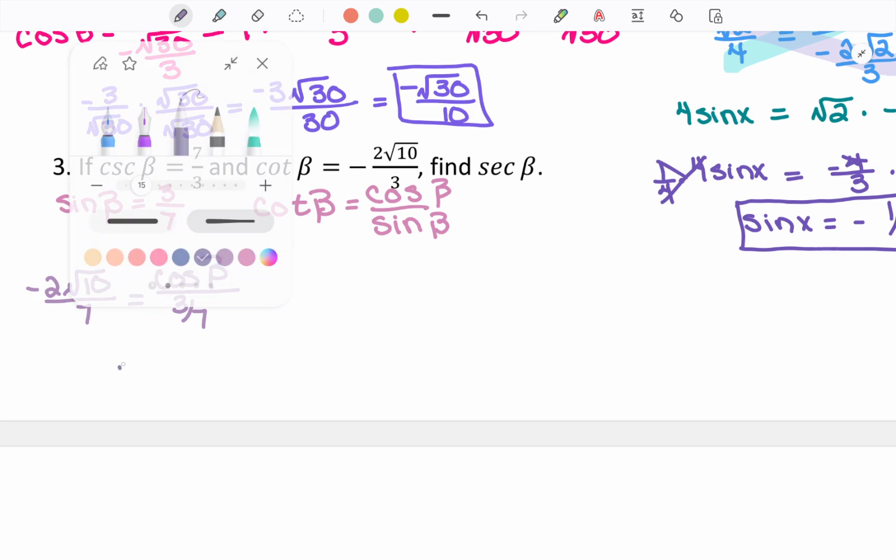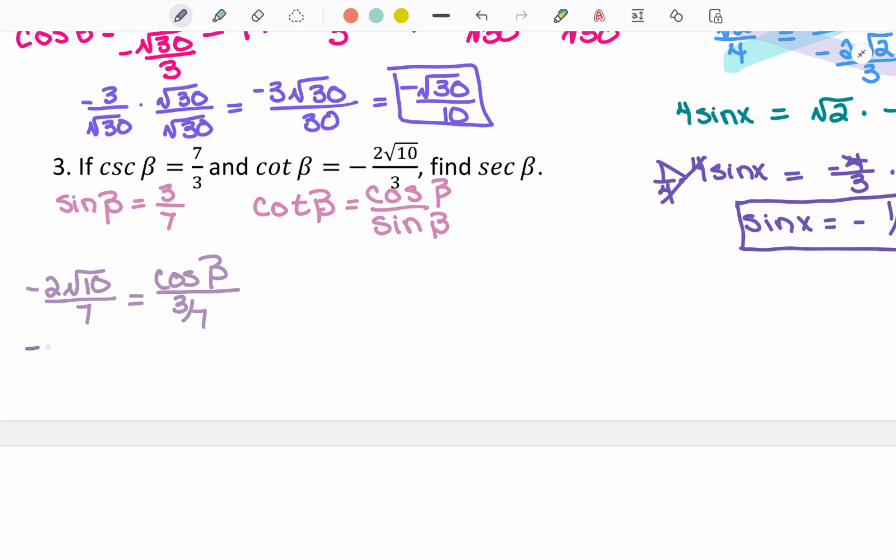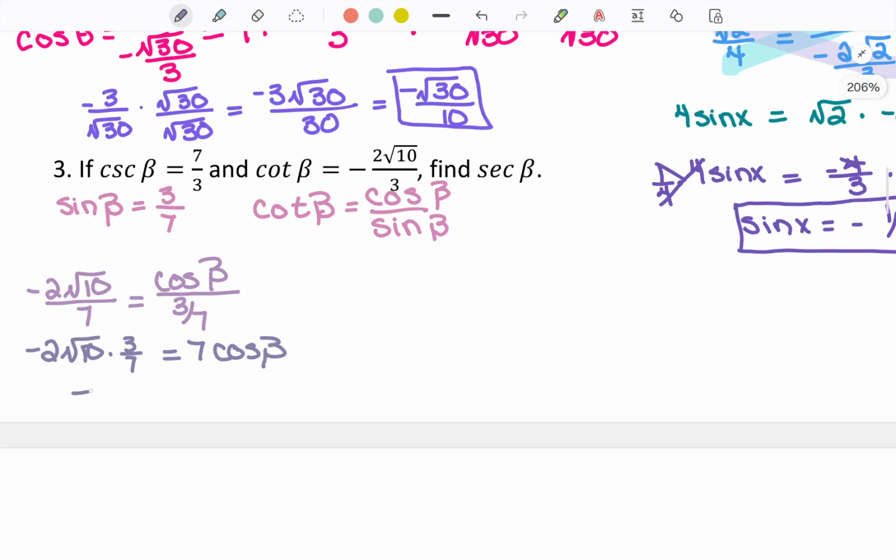So we will have negative 2 square roots of 10 times 3 over 7, and that is going to equal 7 times cosine beta. So this will wind up being negative 6 square roots of 10 over 7 equals 7 cosine beta. Wait, that was over 3. I am sorry.